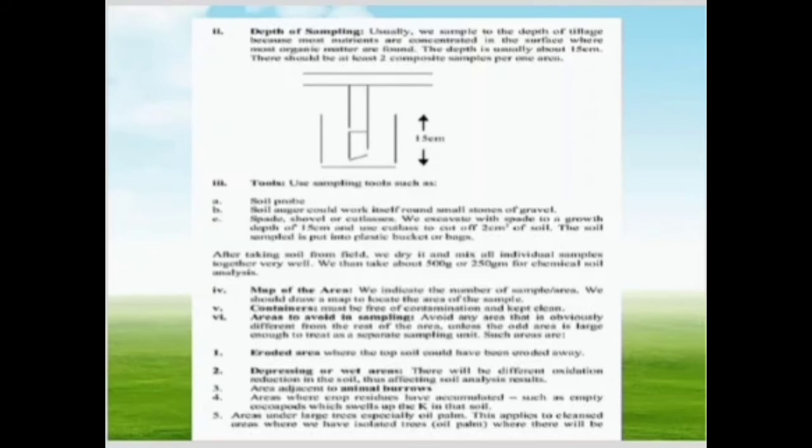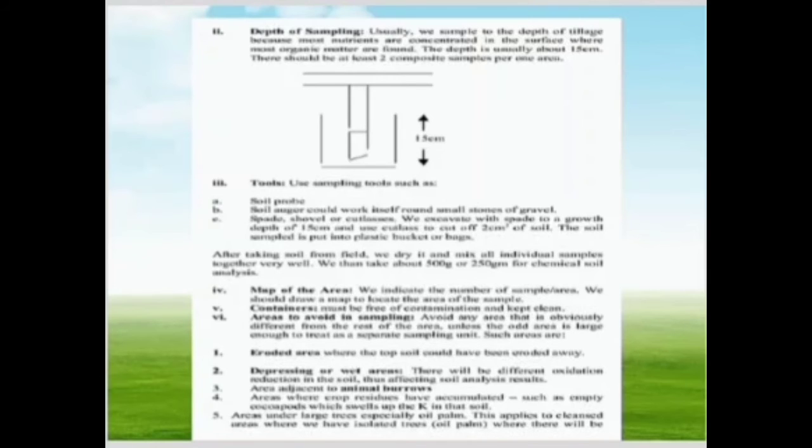The soil sample is put into a plastic bucket or bag. After taking soil from the field, we dry and mix all the individual samples together very well. We take about 500 grams or 250 grams for chemical soil analysis.